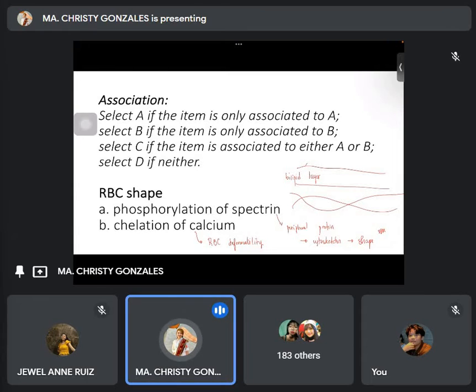Kasi magkakaiba ang quiz ninyo eh. Number 4. Tignan ko anong sinagot natin.